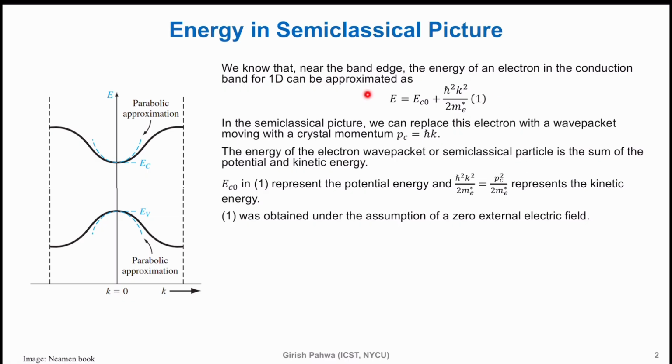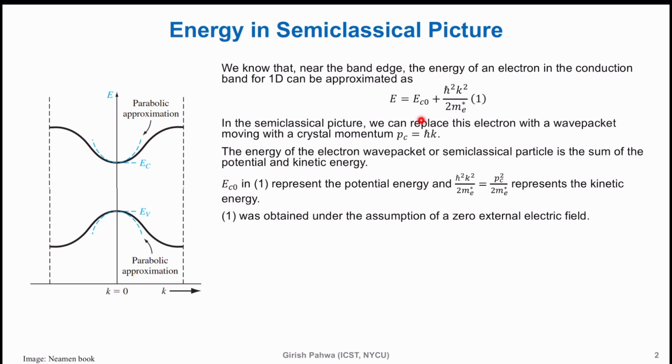Now this expression, of course, we did not apply any electric field. We assume that the electric field was 0. If I now do apply the electric field, what will happen? The electric field will generate its potential. Whenever you apply some voltage or some electric field, it gives you some potential energy. So if I have an electron which is moving inside an electric field, it will experience a potential.